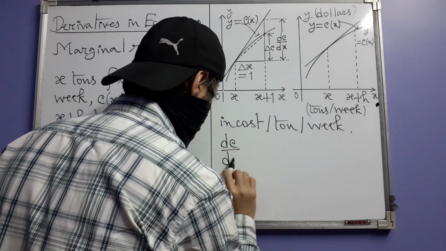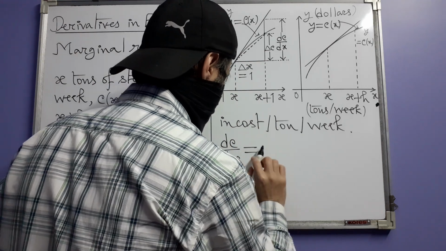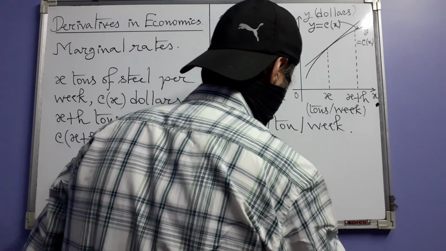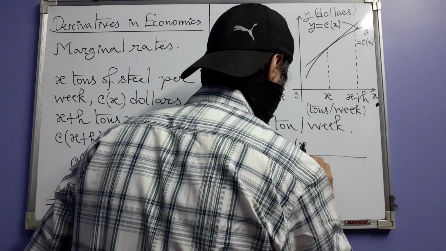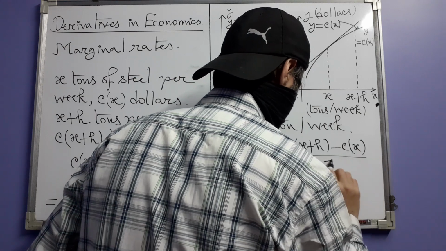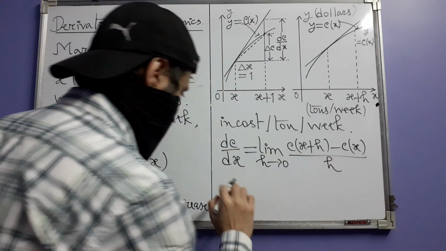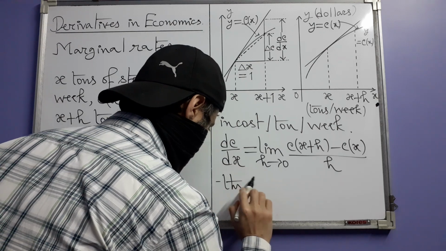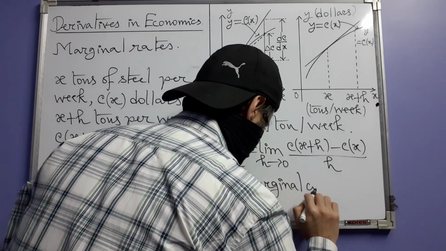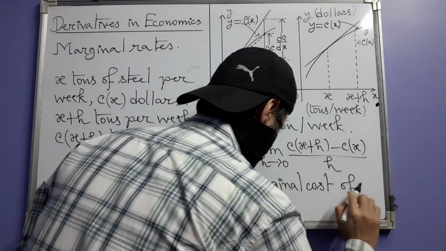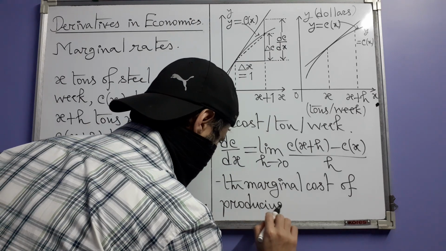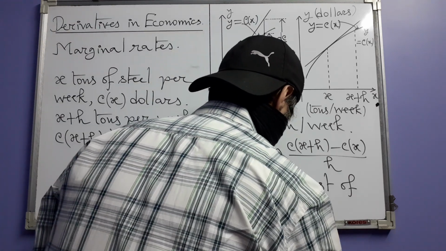That is, this derivative is the marginal cost of producing one more unit.